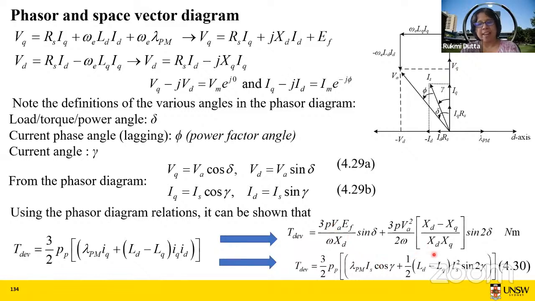We can have the same torque equation in terms of the current angle gamma if we use only the current angle substitution here. If we use the voltage or delta angle substitution, then we get that classical equation which we derived in our first and second lectures. And with the gamma angle, we get the same torque equation, but in terms of current angle.